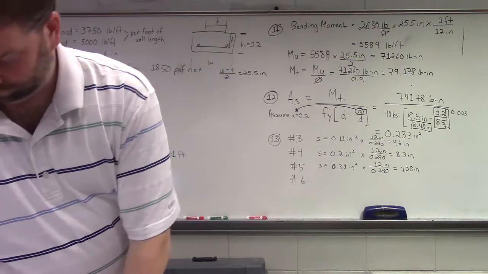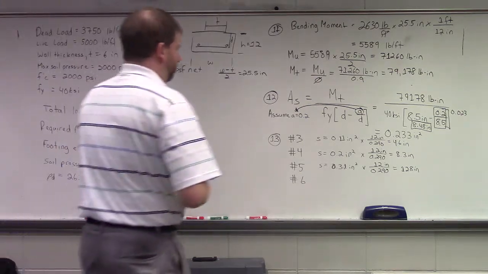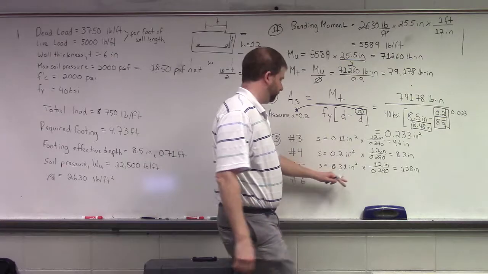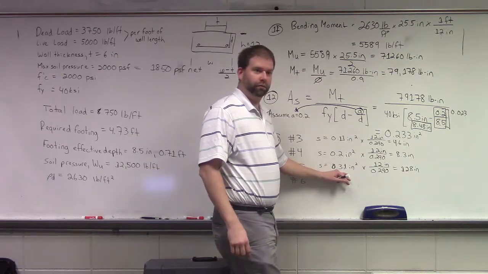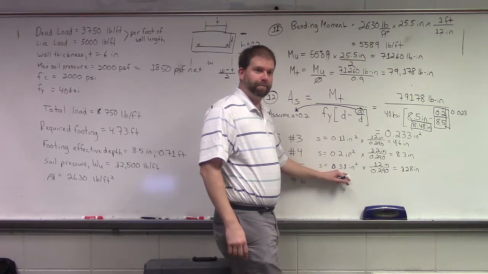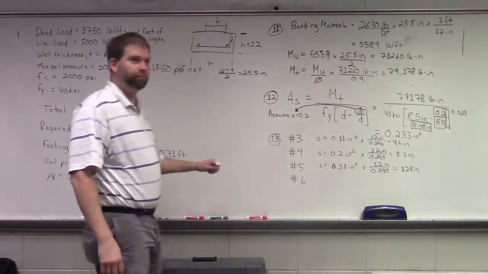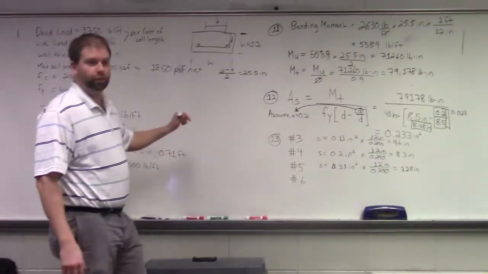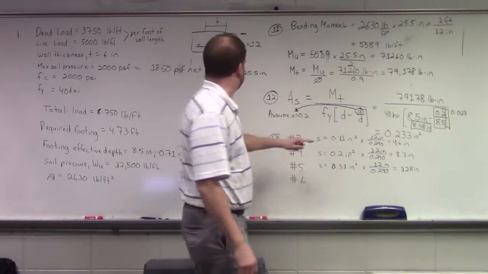How does that figure spacing? This gives you the area of the bar. Are we talking about bars, like 3 or 2 running on the bottom? Why are you using 12 inches? We're looking at transverse.